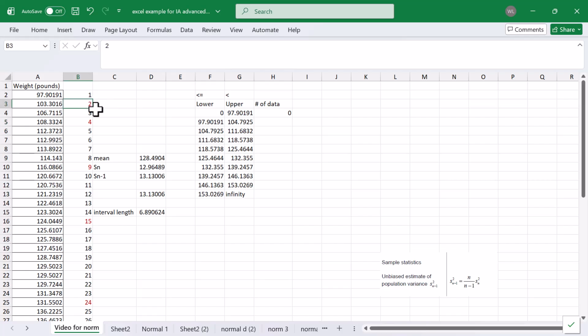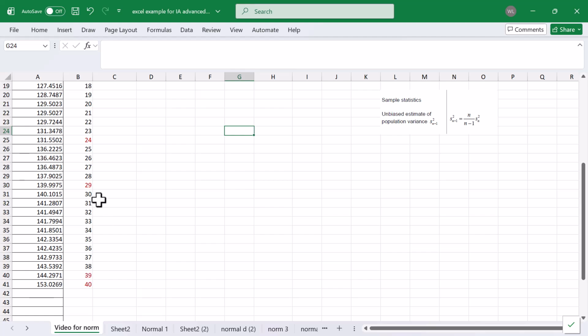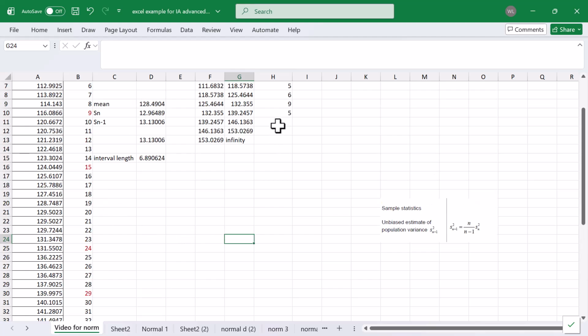We have 2 data for this interval. Then you can use this 4 minus 2. You will get 2 again. Then you use this 9 minus 4. You will get 5 data. 39 minus 29. You get 10.